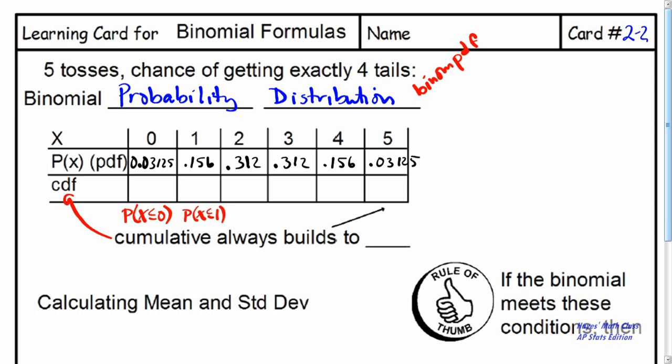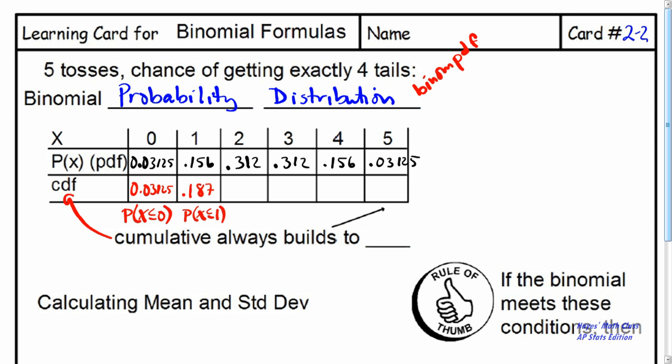Here, x less than or equal to 0 is just equal to whatever 0 is. Now for the cumulative probability, we just keep adding the next probability into it. This next one, we're taking 0.156 and adding it to the previous term, 0.03125, so we end up with a rounded 0.187, which means an 18.7% chance.